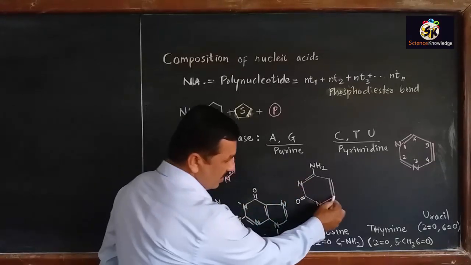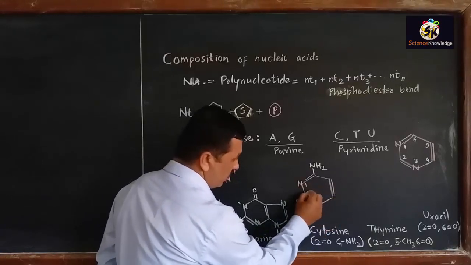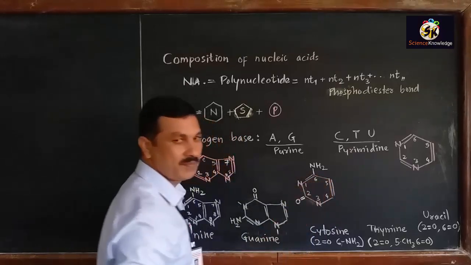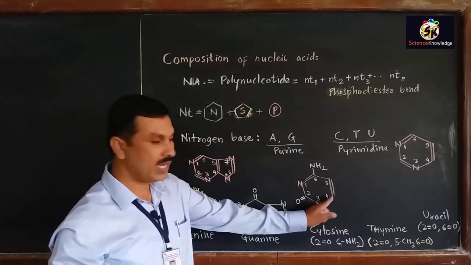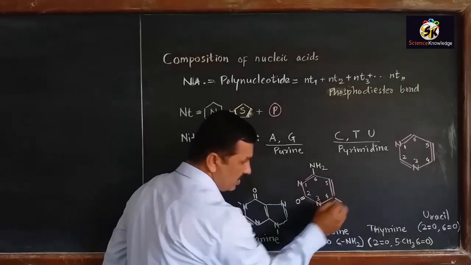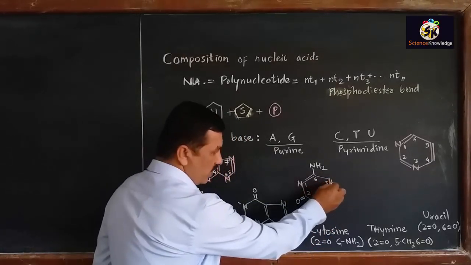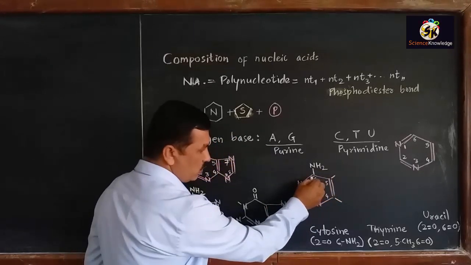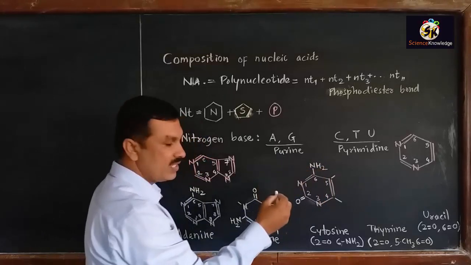Then at carbon number 4, 1, 2, 3, so it will have 1 additional hydrogen. Carbon 5, 1, 2, 3, additional hydrogen. Carbon number 6, 1, 2, 3 and 4, so 4 bonds are there.